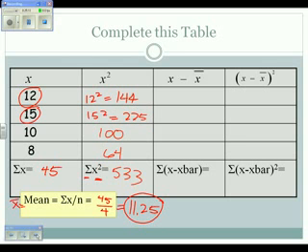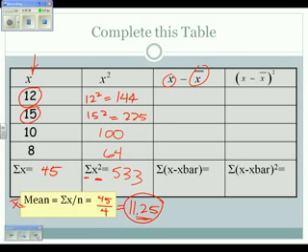So, are there any questions about how to get these first two columns? And then the next column, we're going to take each data value, x, so that's going to be from this column, because those are our x values, and we're going to subtract x bar. Well, x bar, that's our sample mean.